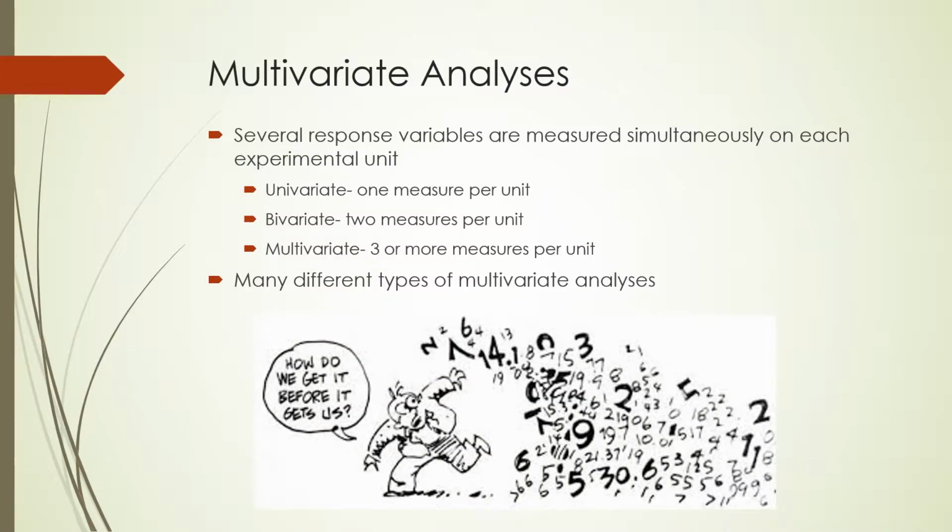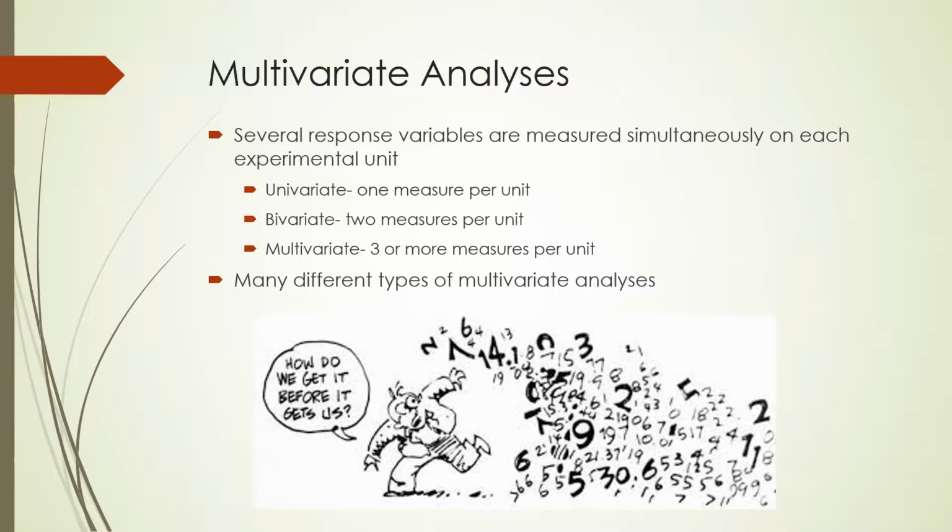So as I mentioned, multivariate analyses refer to that class of statistical analyses where several response variables are measured simultaneously on each experimental unit. And in our fields, this will often be things like vegetation parameters, cover, height, species diversity, and so on.